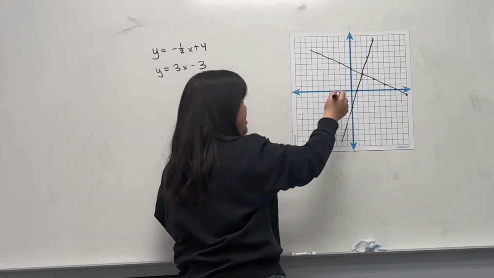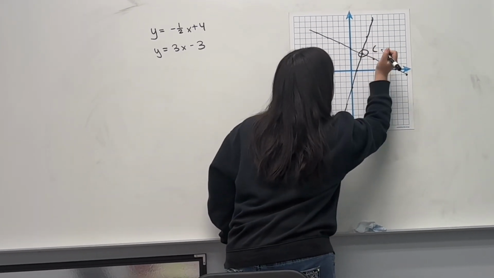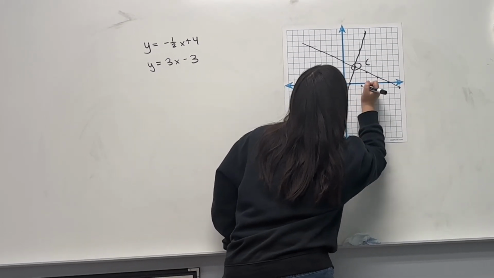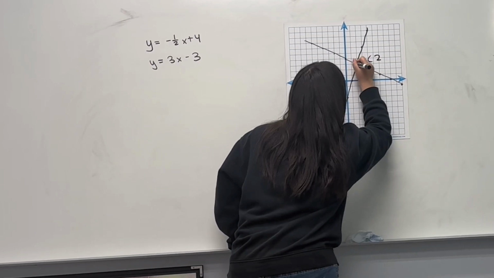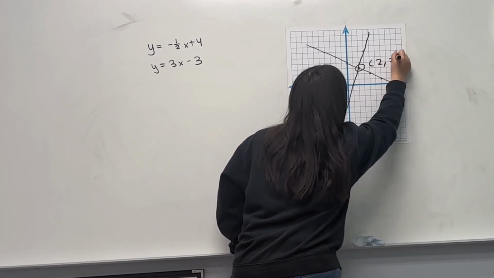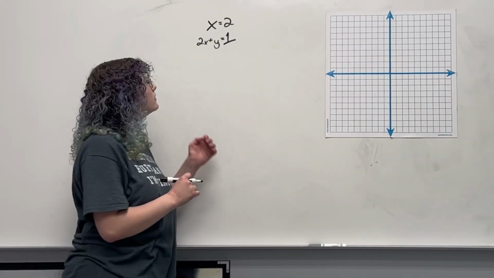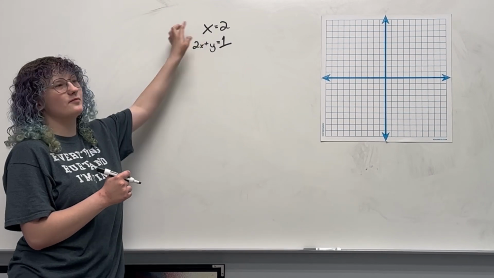Okay, we can see that our intersection is right here, which is the point 2 and 3. And then that's our solution. So for this equation, you can kind of tell it's a little bit different when it comes to the first one, but we'll get to that later.